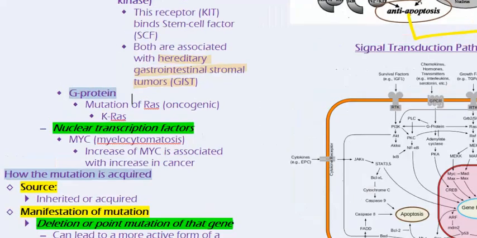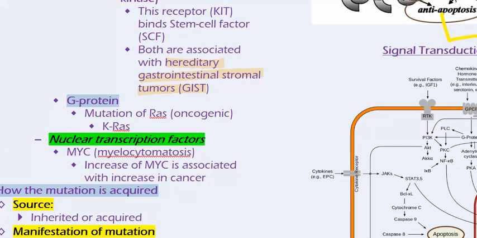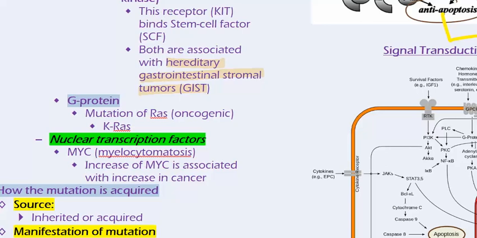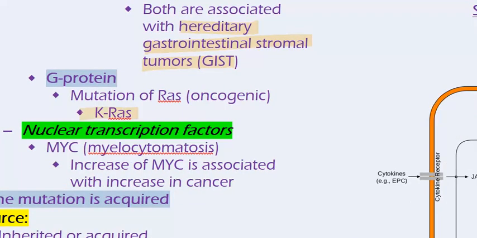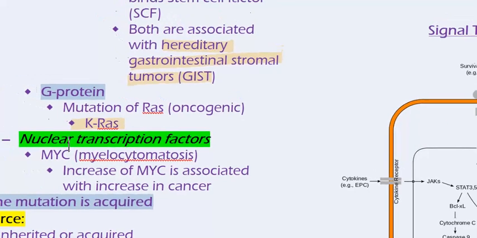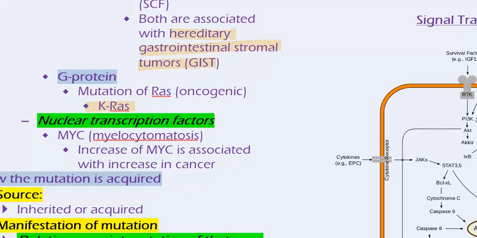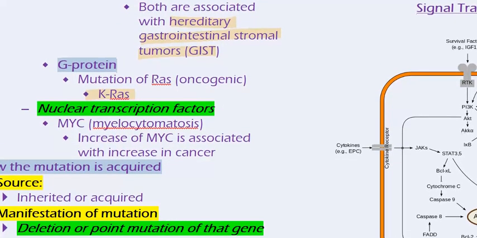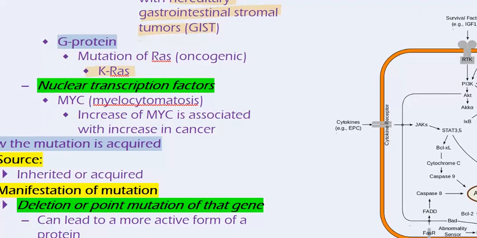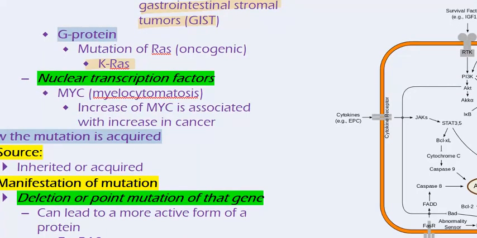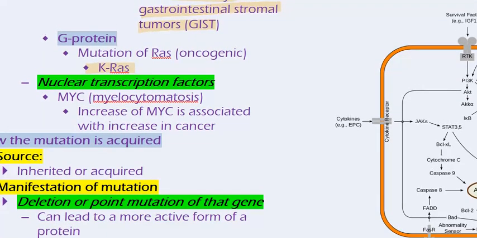So you can have a mutation in that RAS. If that RAS becomes mutated, it's oncogenic, and we can see that with KRAS. That can promote the cancerous state. And then we could also have mutations with the nuclear transcription factors, right?